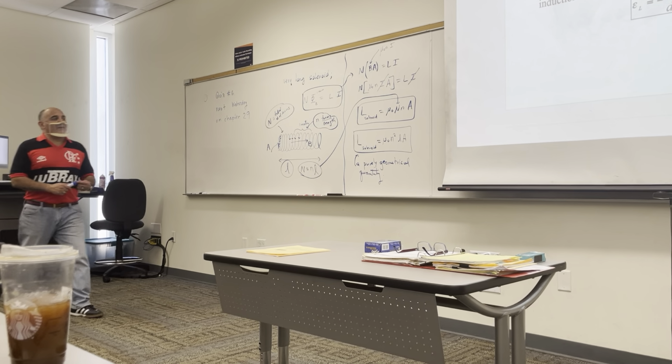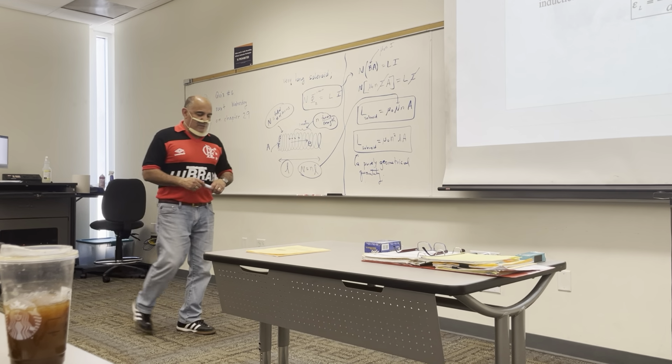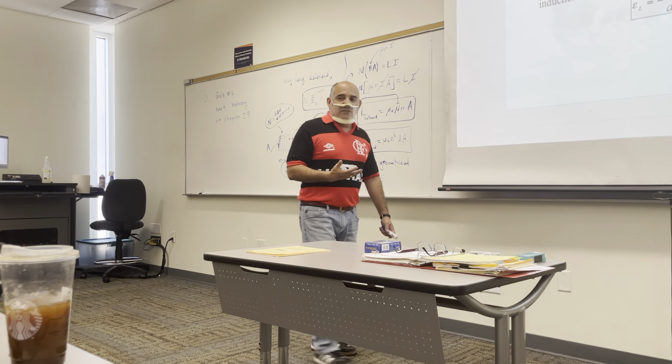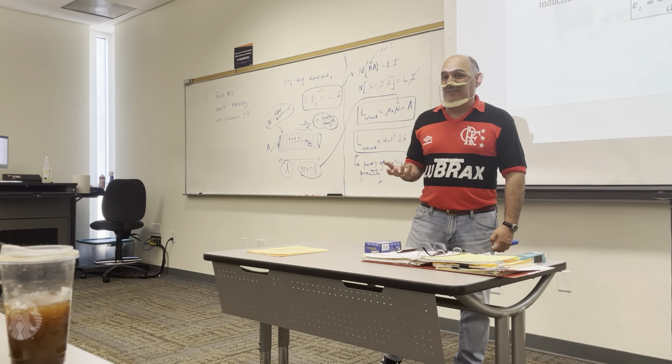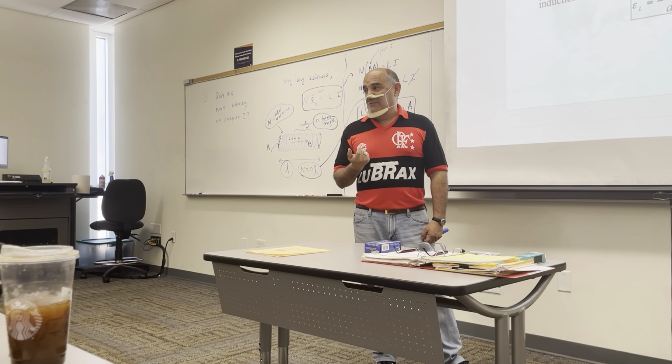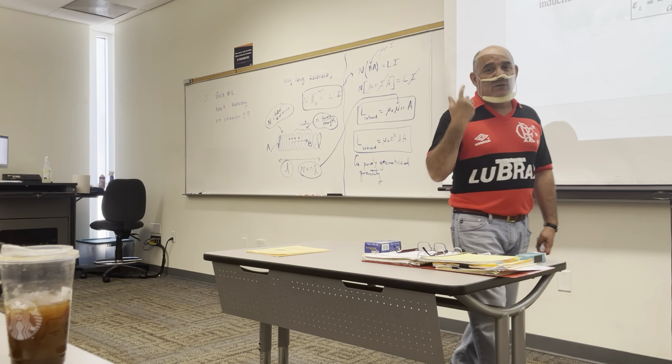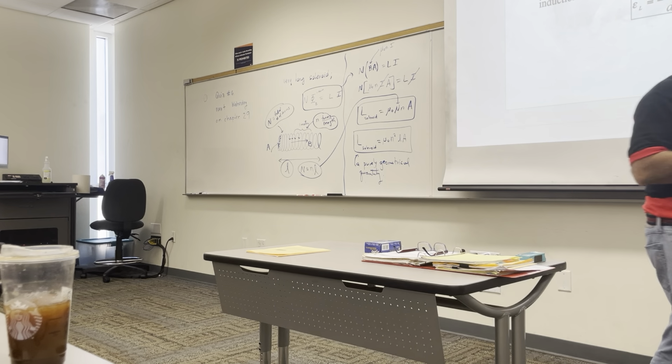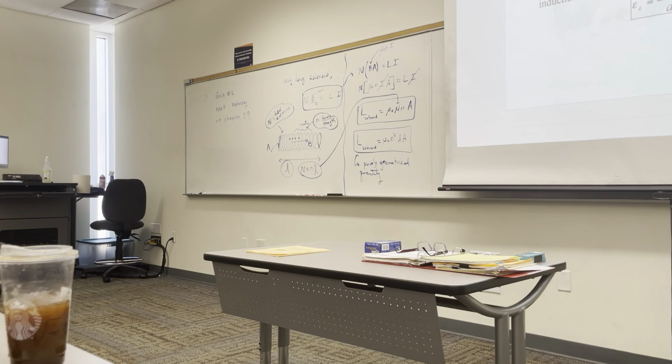Now, remember that if there's a coil and the magnetic flux through that coil is changing, there will be an induced voltage. And that induced voltage, we called it the EMF. By Faraday's law, it's going to be the negative of the time rate of change of the magnetic flux.